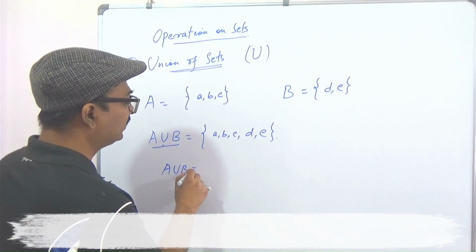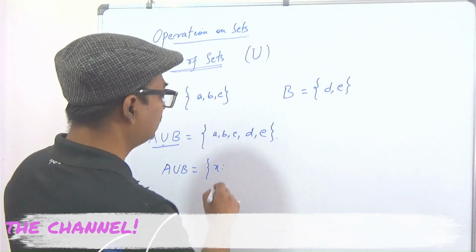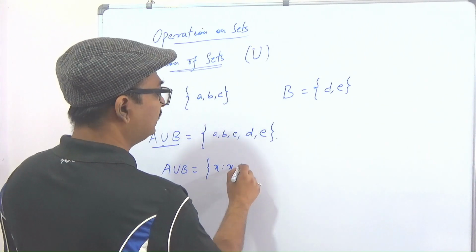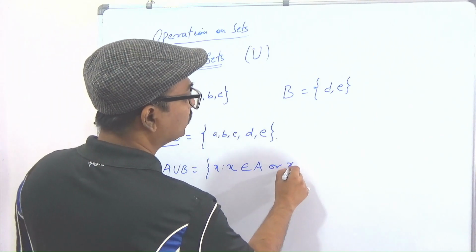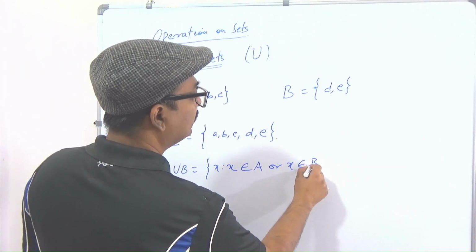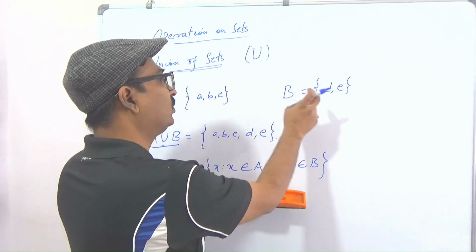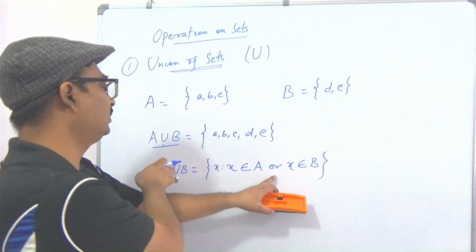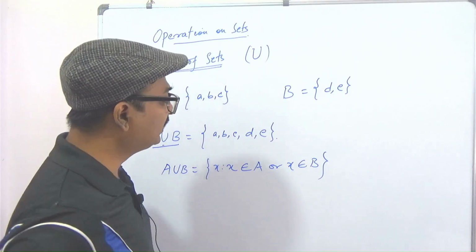In our set builder form, we'll write it as the set of elements x such that x belongs to A or x belongs to B. Why or? Because either it belongs to this or it belongs to this, but it certainly belongs to A union B. So this is in set builder form.